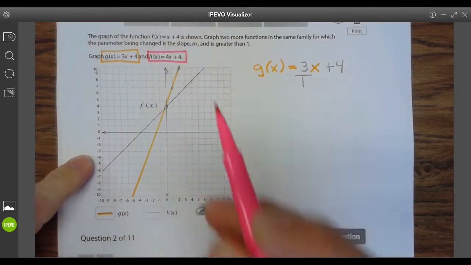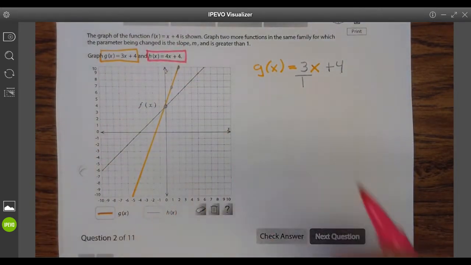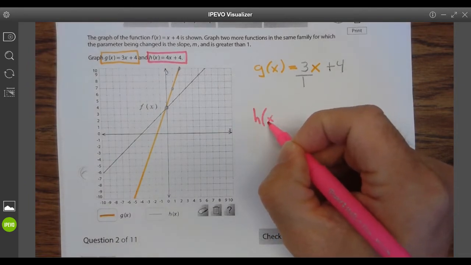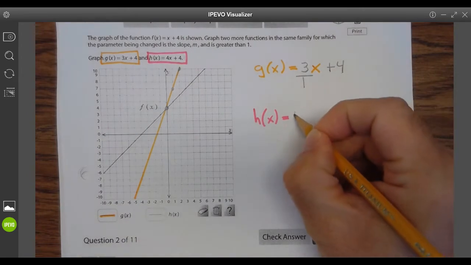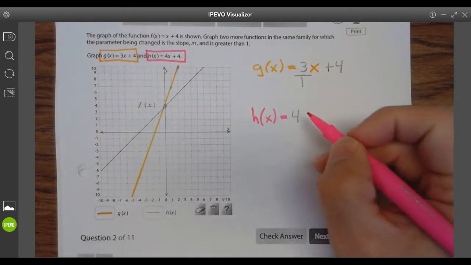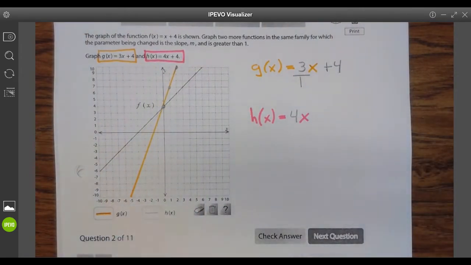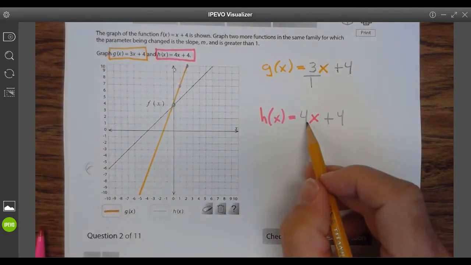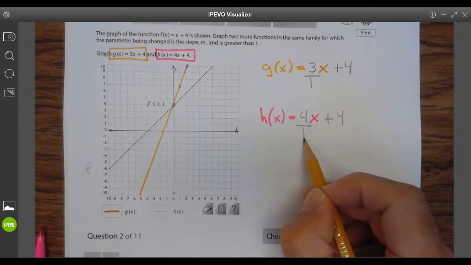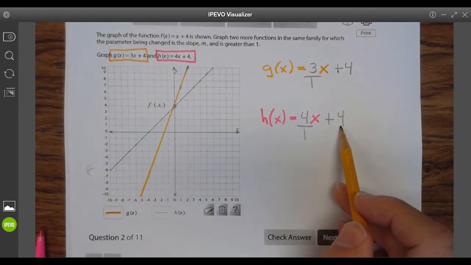Okay, so h of x equals 4x plus 4. And remember, the number in front of x is slope, so we're going to divide that by 1. So we start our y-intercept at 4.